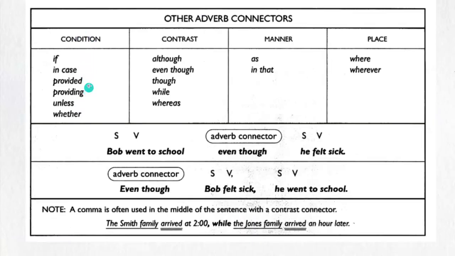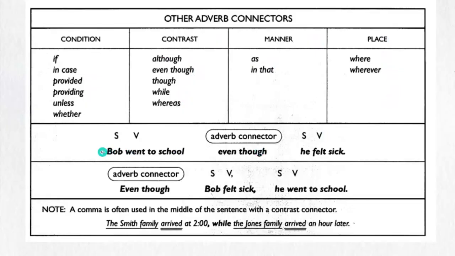So be attentive to these two words in sentences. Other words that show contrast are although, even though, while, whereas. Connectors that show manner or a way, as, in that, and connectors of place, where or wherever.